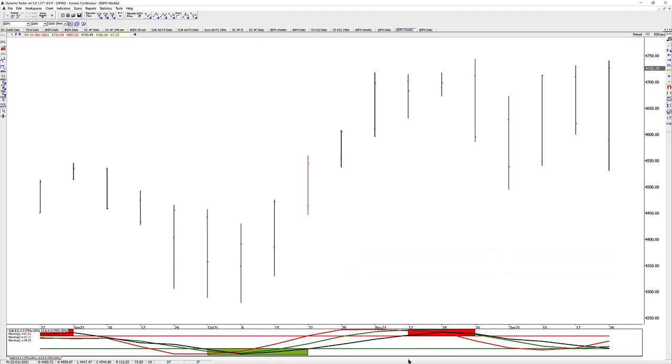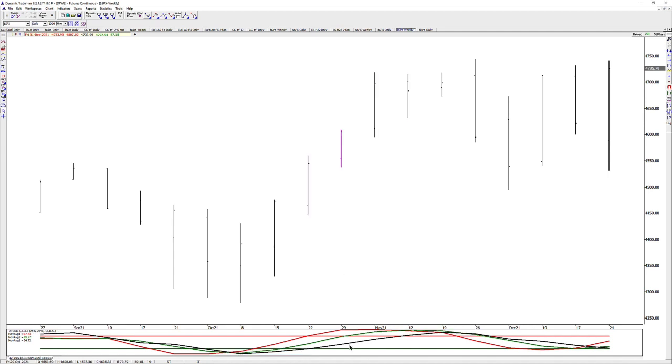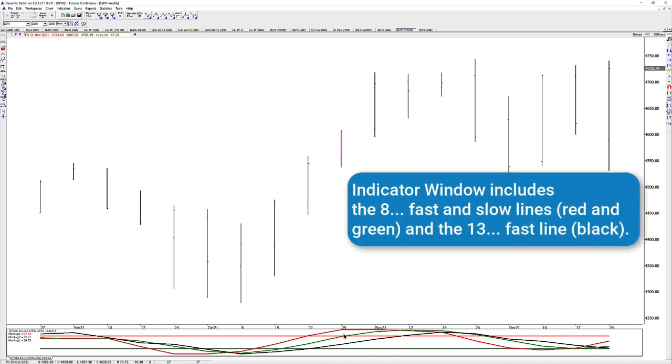Now you can do that with any indicator. In fact, let me just take off the red and green bands here. So we have basically the same information. We always have the same information right here in the indicator window: the 8 indicator, the two moving averages, the raw data and the moving averages, the red and the green line.